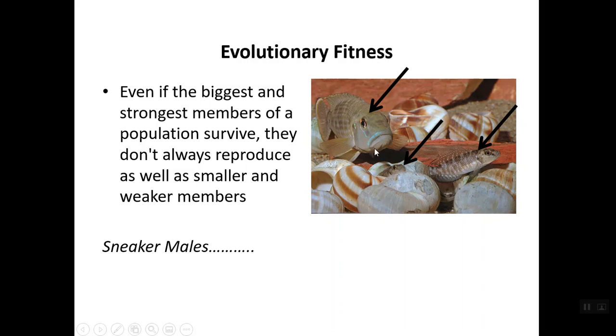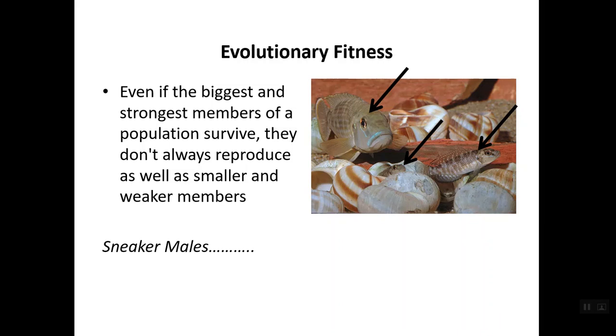These examples are seen in several species, and this is known as the sneaker males, where the sneaker male is the one that actually fertilizes, not the biggest and strongest one, but the smaller one. So remember, evolutionary fitness doesn't necessarily refer to the strongest or fittest individual, as we intend it in lay terminology, but the one that has more reproductive success.